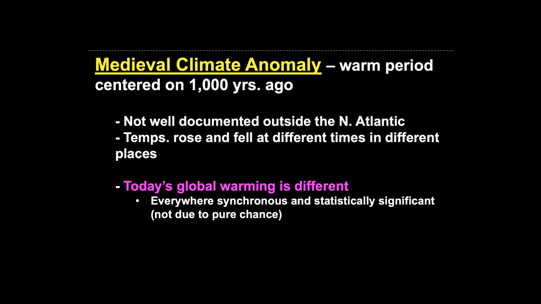It is not particularly well documented outside of the North Atlantic, so it's hard to tell if this was a global event or if it was simply a local or regional event. Okay. The medieval climate anomaly, likely not a global event, but notice likely, you cannot really say with certainty. So this is more than likely an event that happened on a local scale to the North Atlantic.